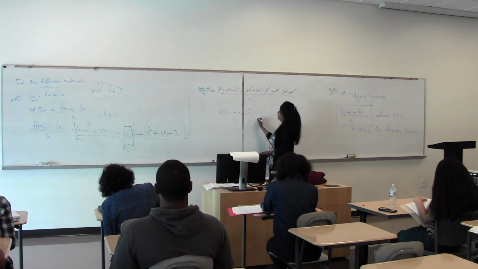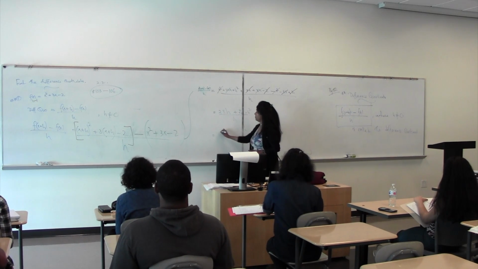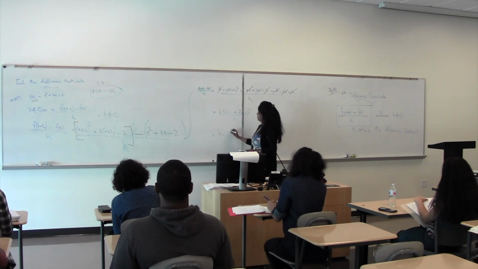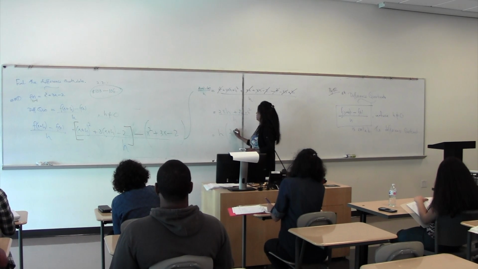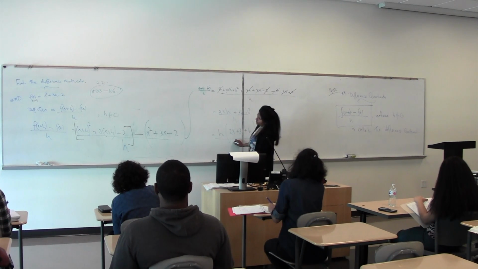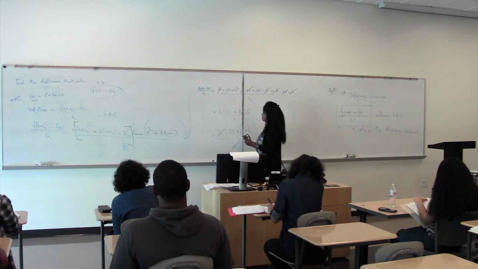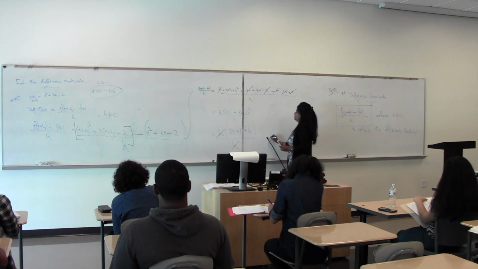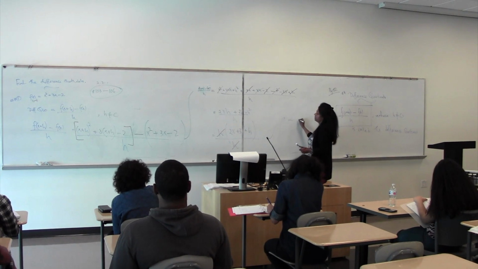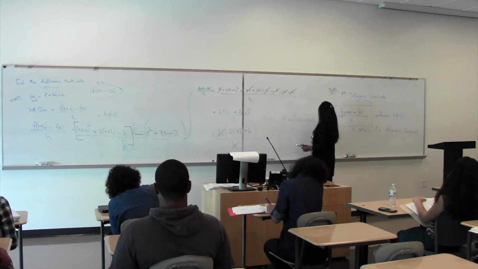Now look what we can do. We can factor h out. What do you get when you factor h out? h times (2x plus 3 plus h) over h. Now cancel this h with this h. So what's your final answer here? The difference quotient is 2x plus 3 plus h.